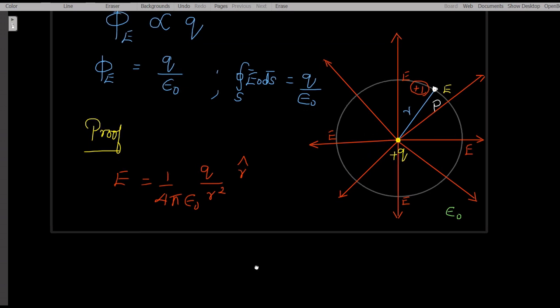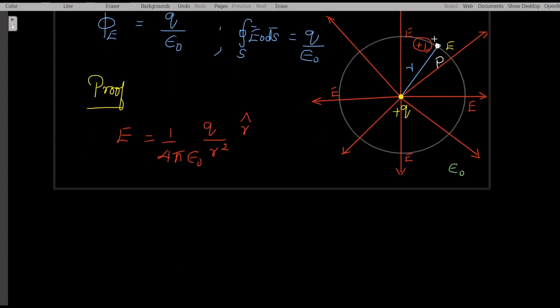Now let us imagine a small elementary surface dS around the point P. This is the elementary surface dS around the point P. Now through this elementary surface, what may be the electric flux crossing?